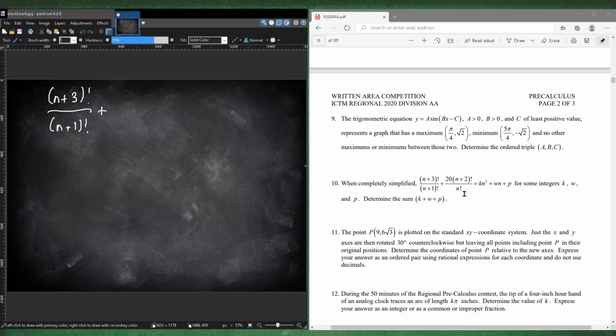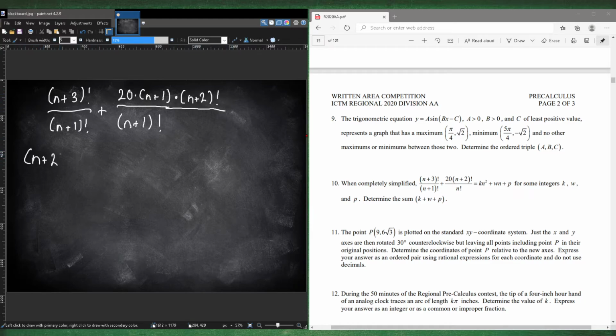So that means I need to multiply the bottom by n plus 1, because n plus 1 times n factorial is just (n plus 1) factorial. So you multiply the top by n plus 1. So 20 times (n plus 1), plus 1 times your (n plus 2) factorial. Okay, so now we can combine these together, and let's factor out the (n plus 2) factorial also.